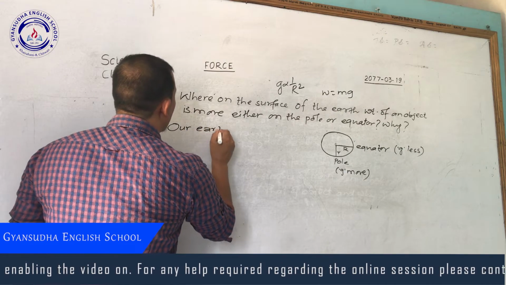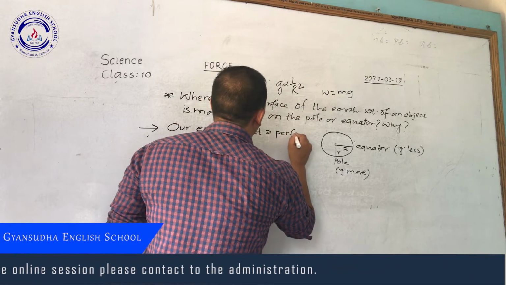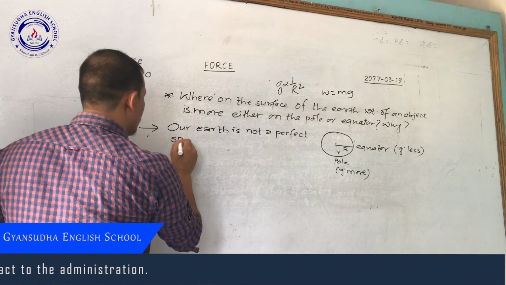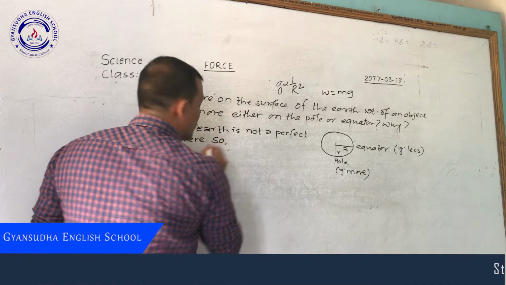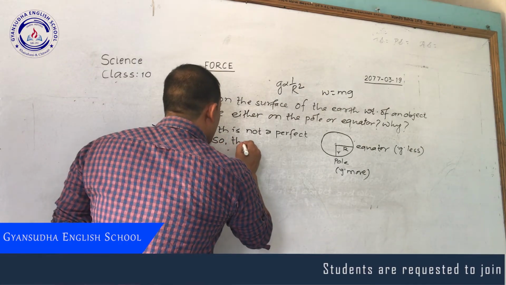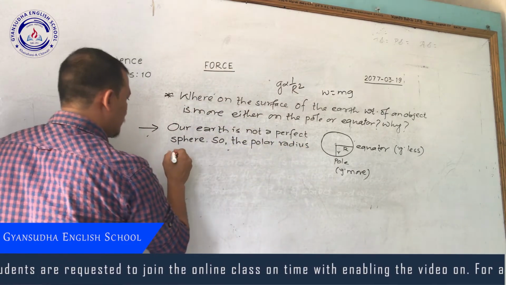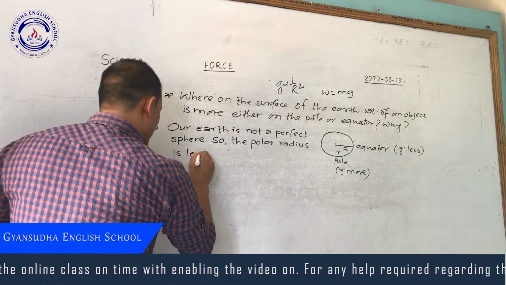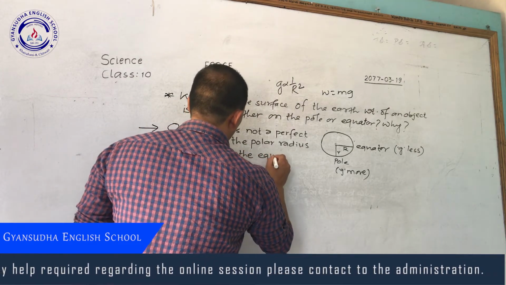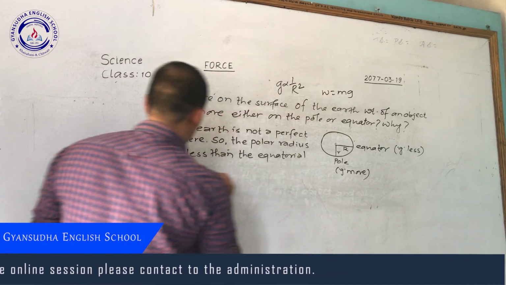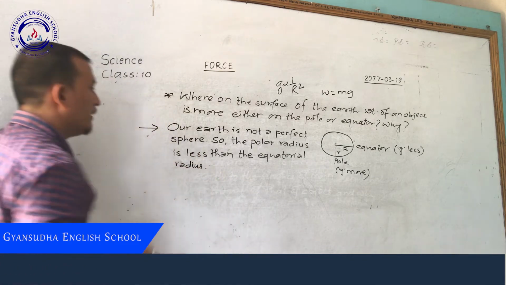Our earth is not a perfect sphere. So, the polar radius is less than the equatorial radius.